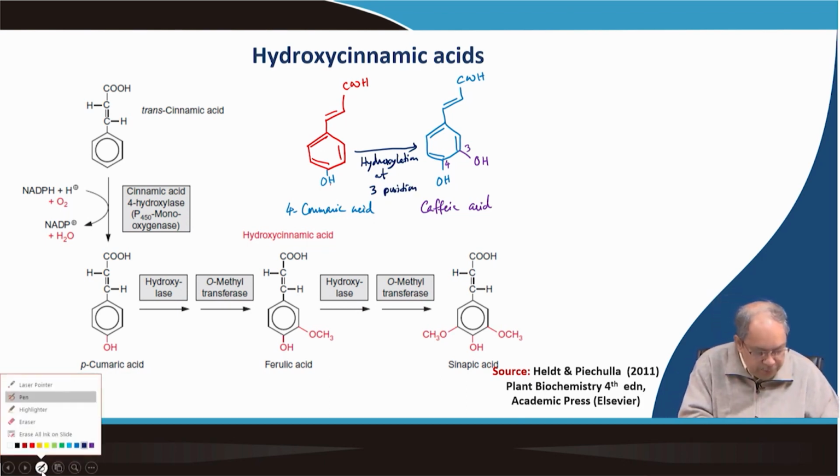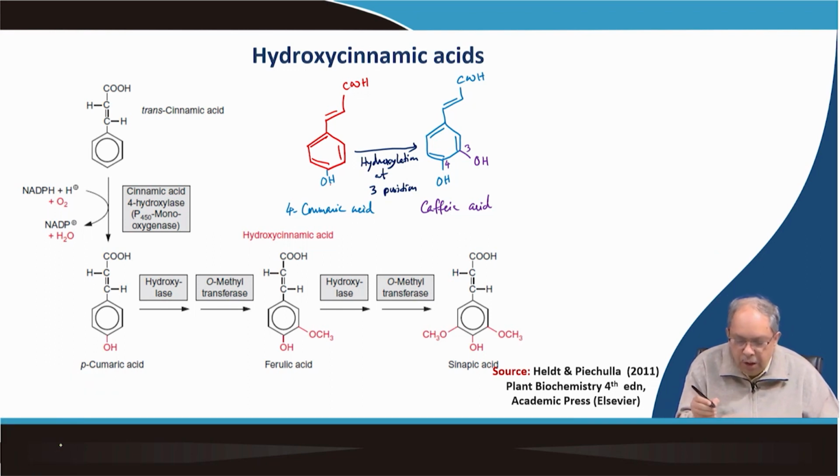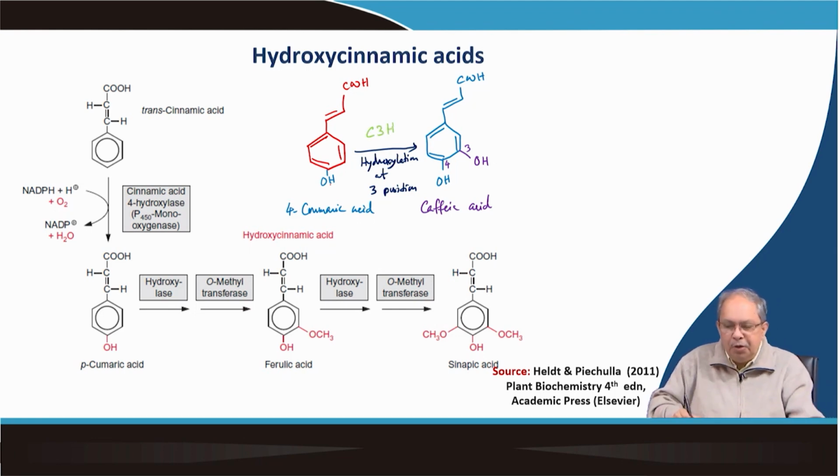So ideally one would say there might be an enzyme called C3H, a cinnamate 3 hydroxylase, which converts coumarate to caffeate.